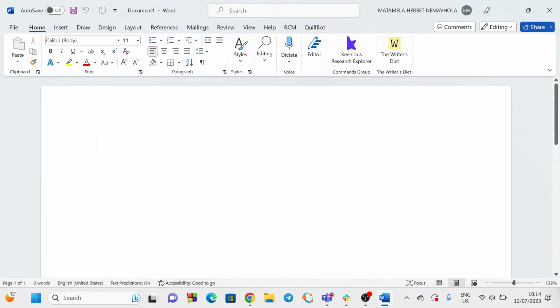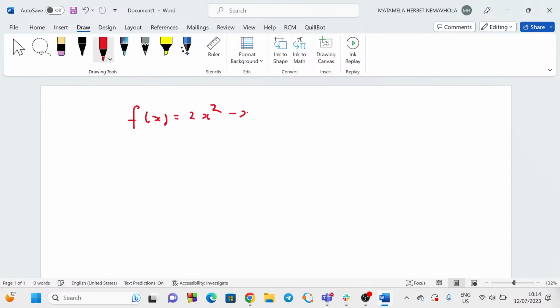So what I'm saying is that if you have, let's say, f of x equals 2x squared minus x plus 5. So when you write your limit, your f prime of x, I'm not going to write everything, I'm just showing you how you should write it.